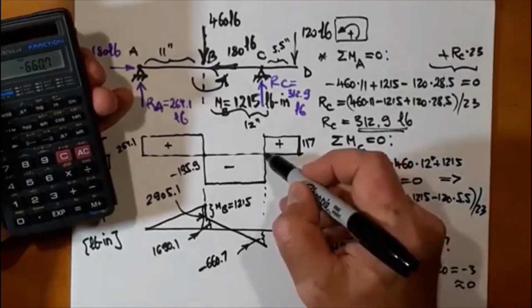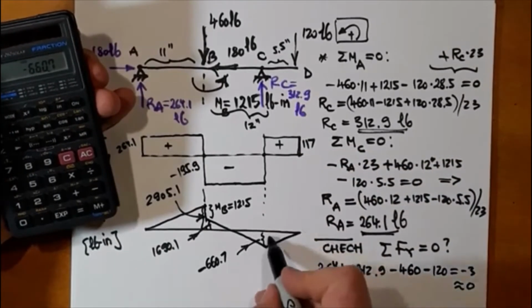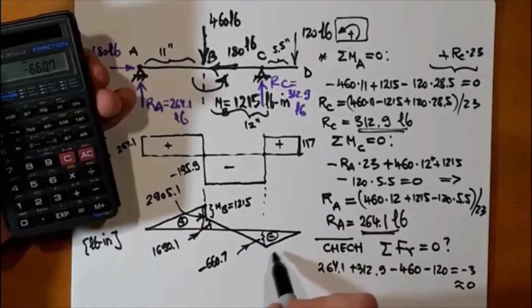Okay, and here's where the slope, so this was a positive moment, this is a negative moment.